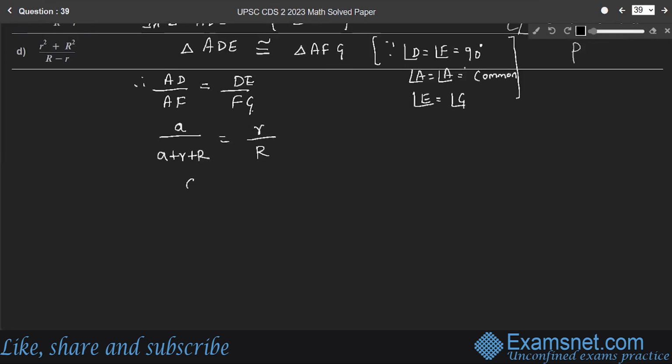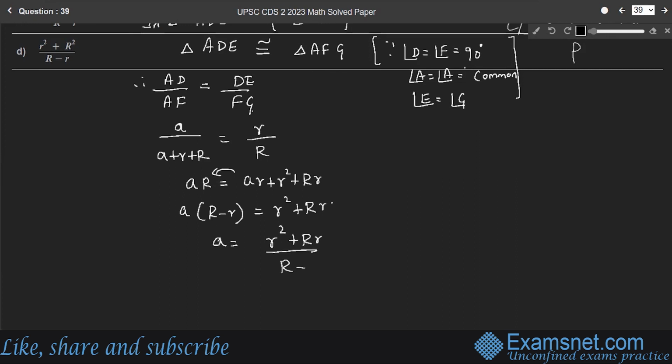So just cross multiply it. aR is equal to a r plus r squared plus R r. Therefore, take this a term to the left hand side: a into R minus r is r squared plus R r.